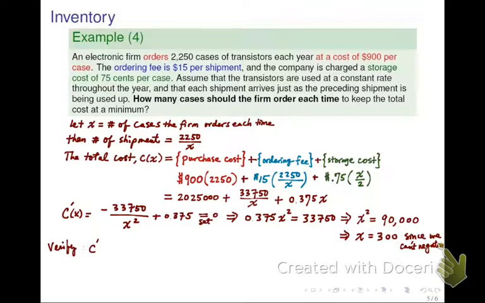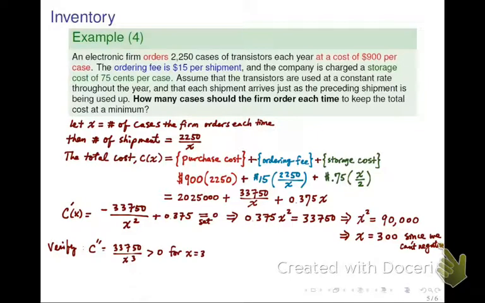And remember that you always have to verify that this indeed gives rise to a minimum. So we're going to take the second derivative of the cost function. The second derivative gives us 33,750 divided by x cubed.